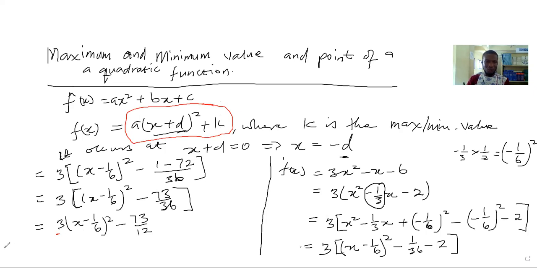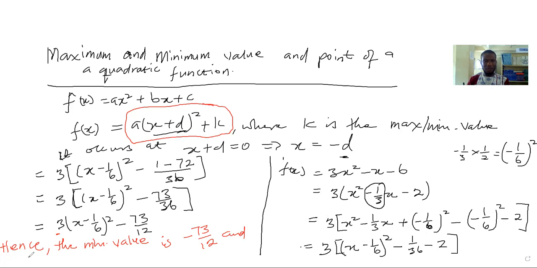So our conclusion is now going to be hence the minimum value is our k is negative 73 over 12. So negative 73 over 12.